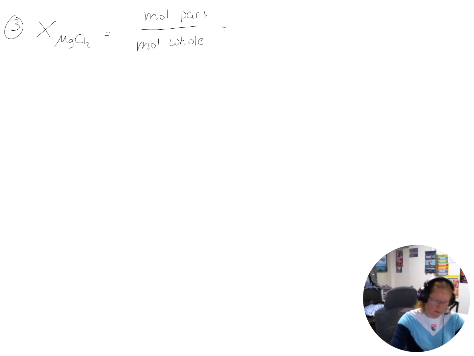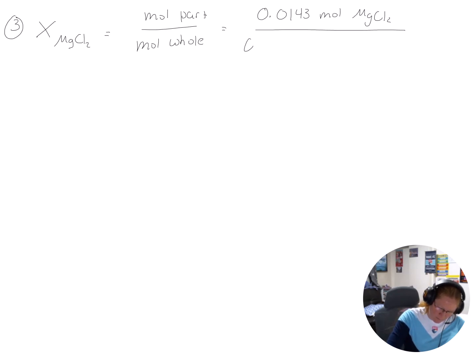Okay, give myself a little bit more room to work. So number 3, we have our mole fraction. So we're going to take our moles of part over moles of whole. So if we're doing it in terms of magnesium chloride, we have 0.0143 moles over 0.0143 moles plus 2.63 moles.